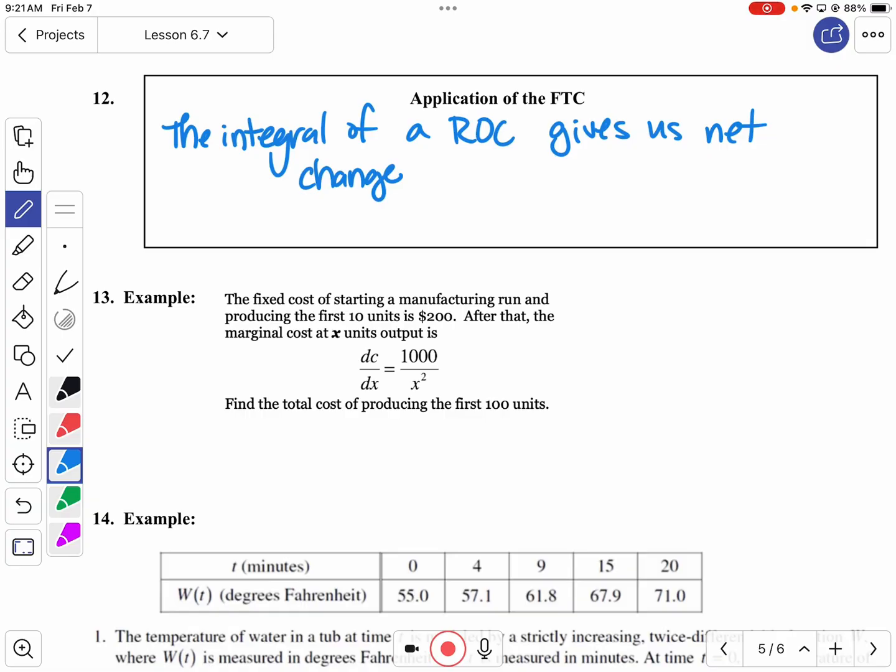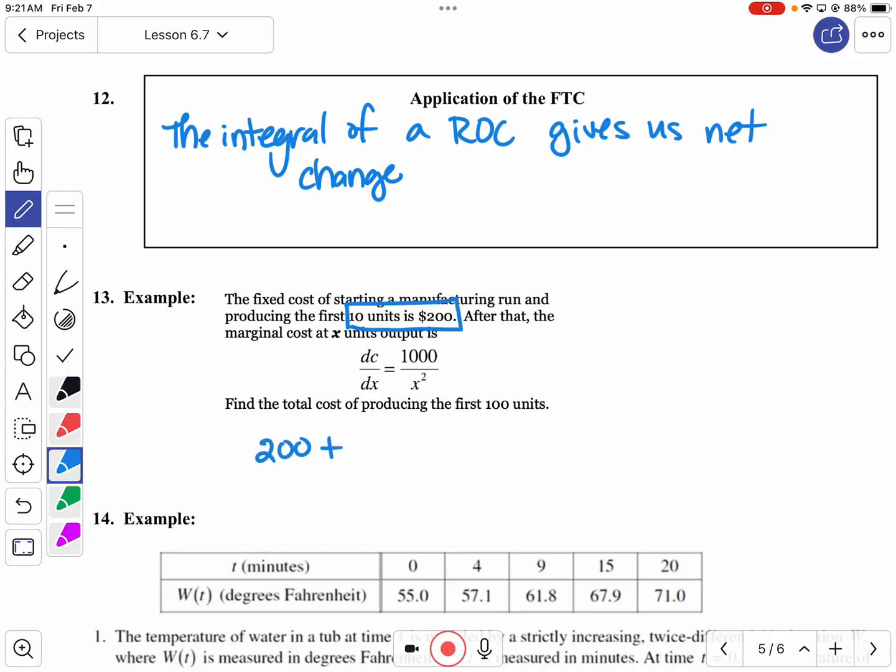It says the fixed cost of starting a manufacturing run and producing the first 10 units is $200. After that, the marginal cost at x units output is dC/dx equals 1000 over x squared. Find the total cost of producing the first 100 units. How many units did they give me a fixed price for? 10. So we know we're going to start at $200.